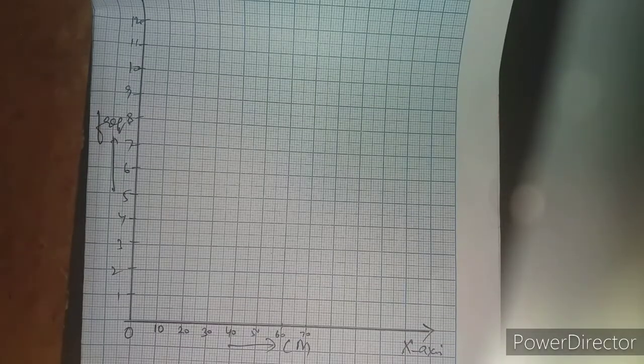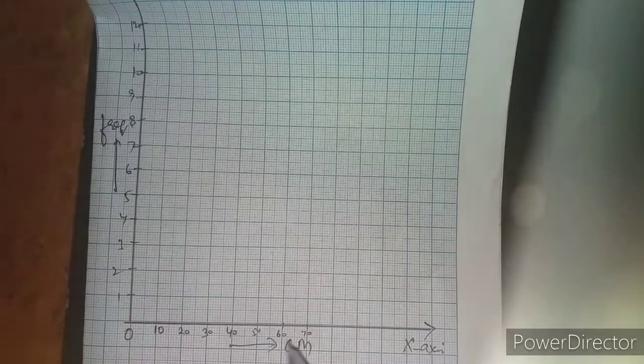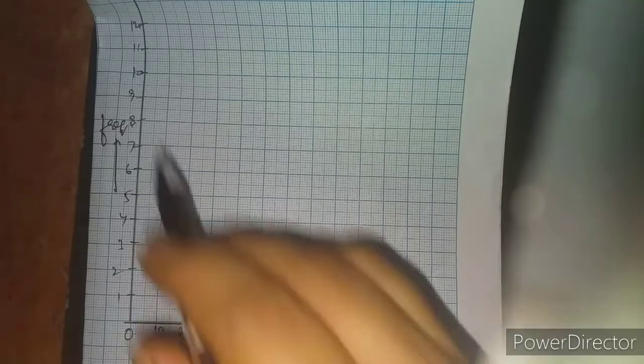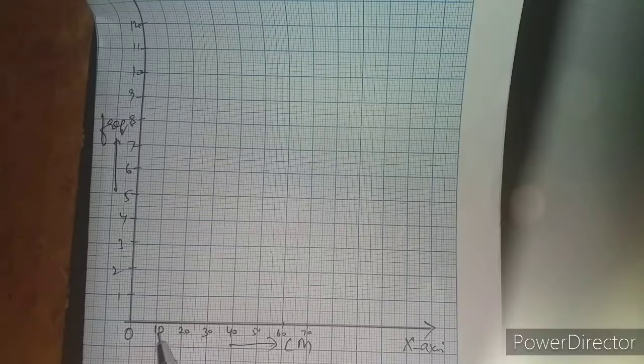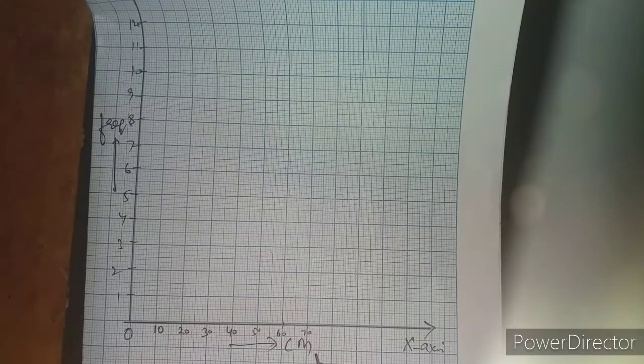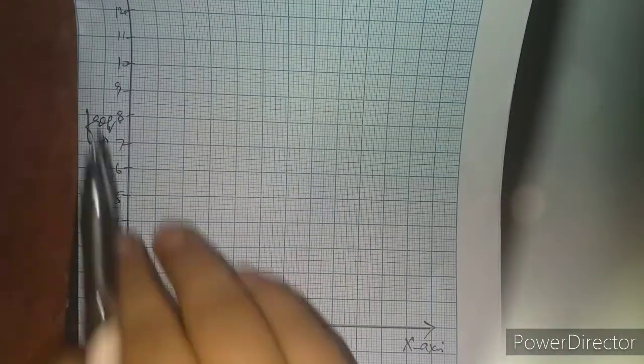So students, in order to draw the frequency polygon without using histogram, I have once again plotted the x-axis and y-axis, horizontal and vertical line, and taken the same scale as I took for the previous graph. 1 centimeter is equal to 1 unit for class marks on the x-axis and frequency on the y-axis, as I told you earlier. Now what will we plot here?